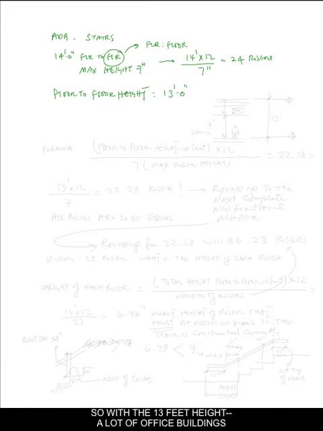So with the 13 feet high, a lot of office buildings have a 13 feet floor to floor height. Because if this is your floor, and this is the other floor, and this is floor to floor height, again the symbol for the height, so from here to here, that's 13 feet.